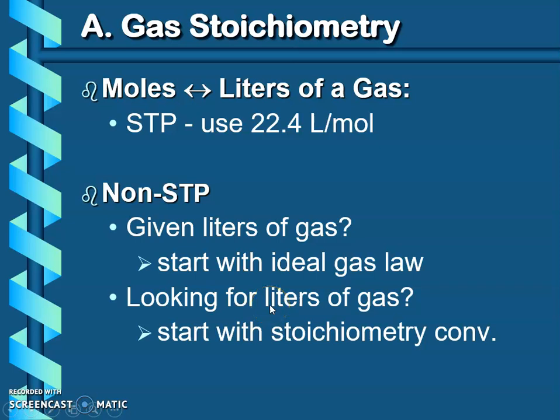Then we're going to do the reverse. Step 1 is going to be to do stoichiometry, and step 2 is going to be using the ideal gas law. Okay, so let's look at a couple of example problems. I'm going to do 2 problems for you, one starting with liters and one looking for liters, so you can see how these work.